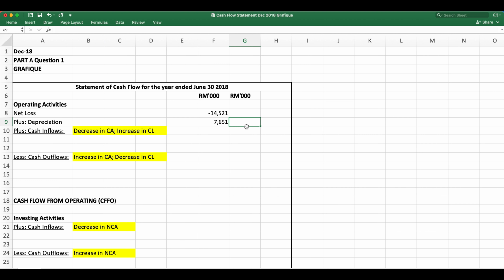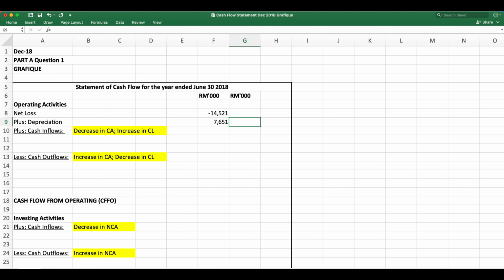Then we are going to add any cash inflows. Please note that a decrease in current assets, we consider as cash inflows. Any increase in current liabilities, we consider as cash inflows.